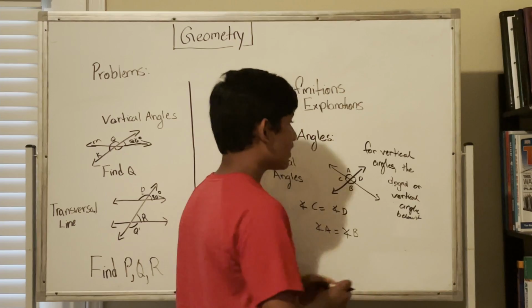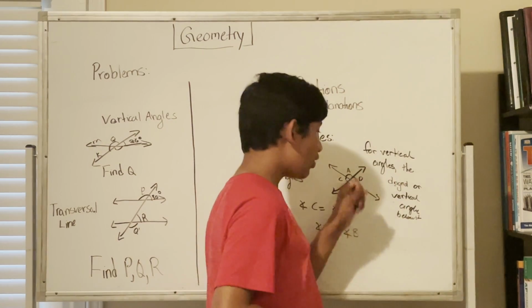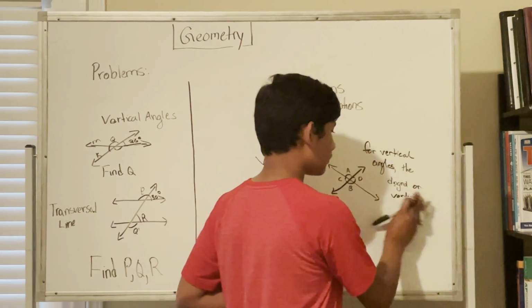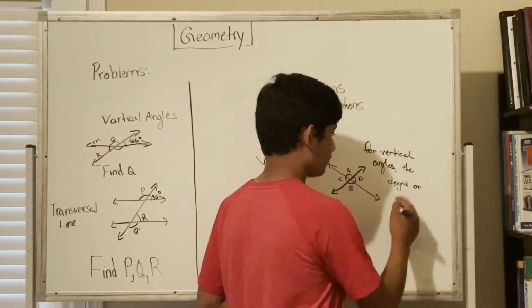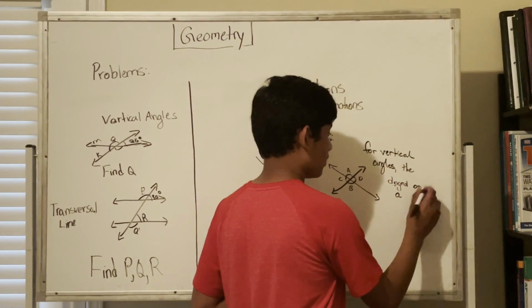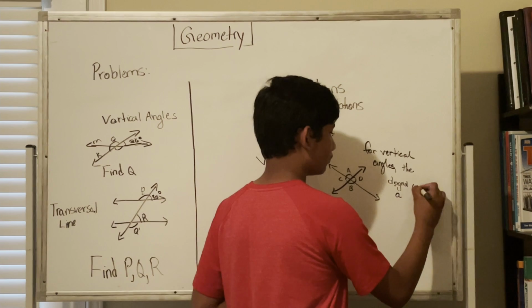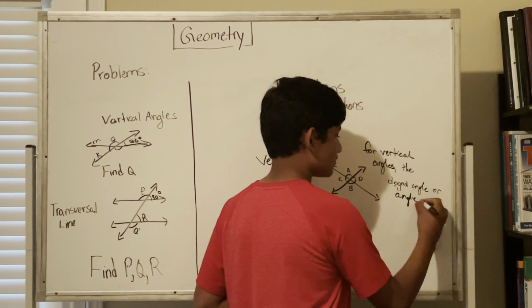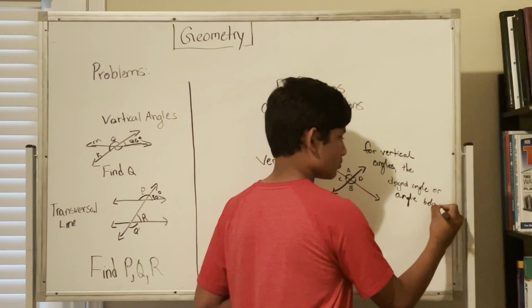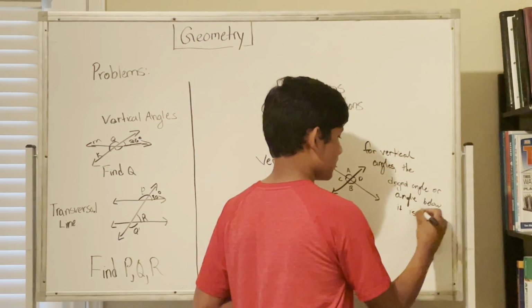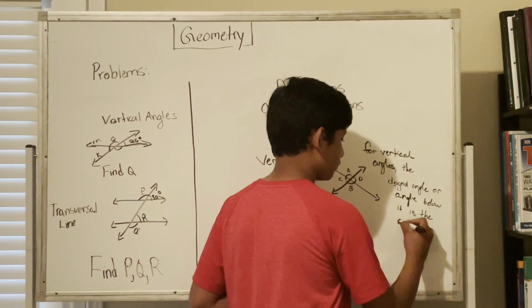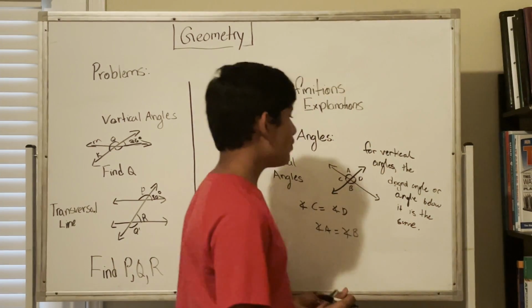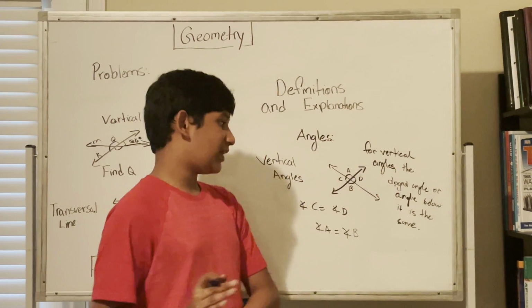In other words, for vertical angles, the diagonal angle or the angle below it is the same.